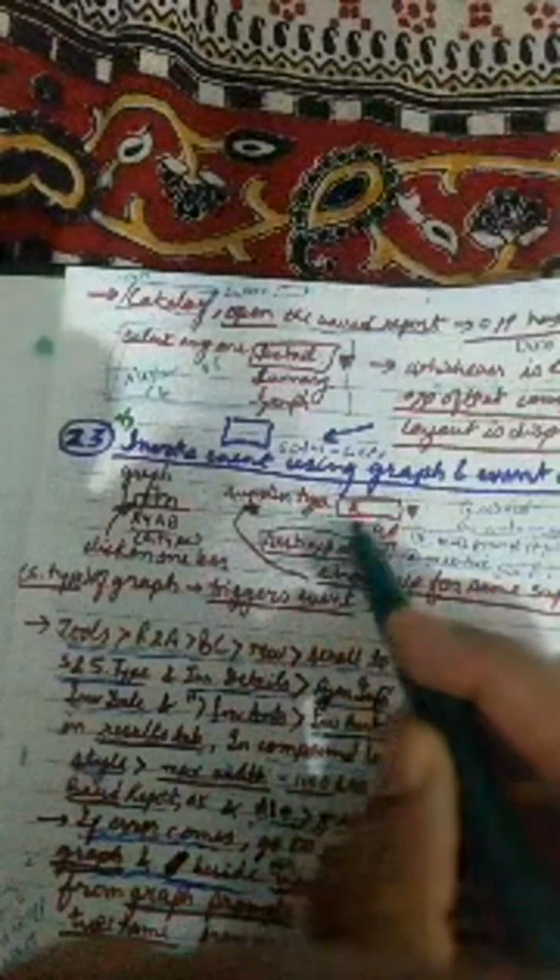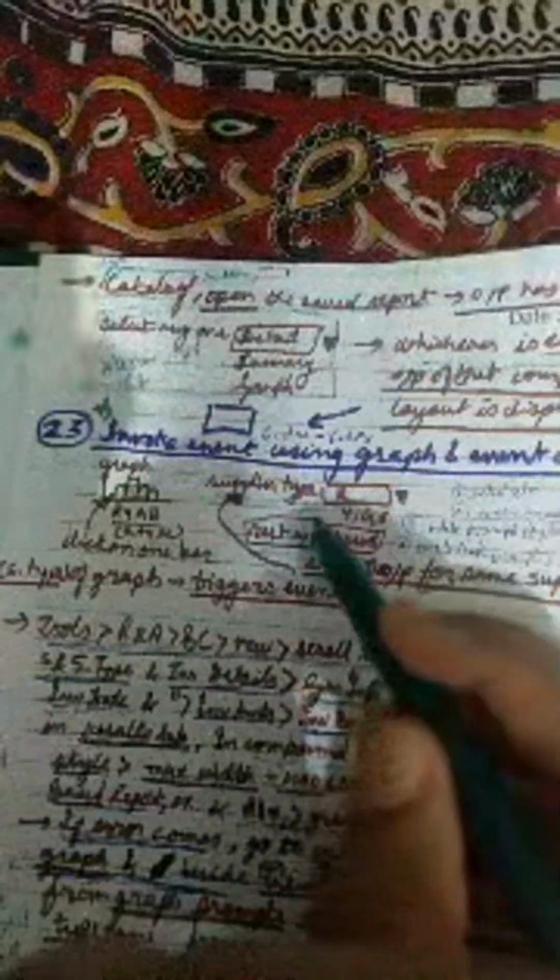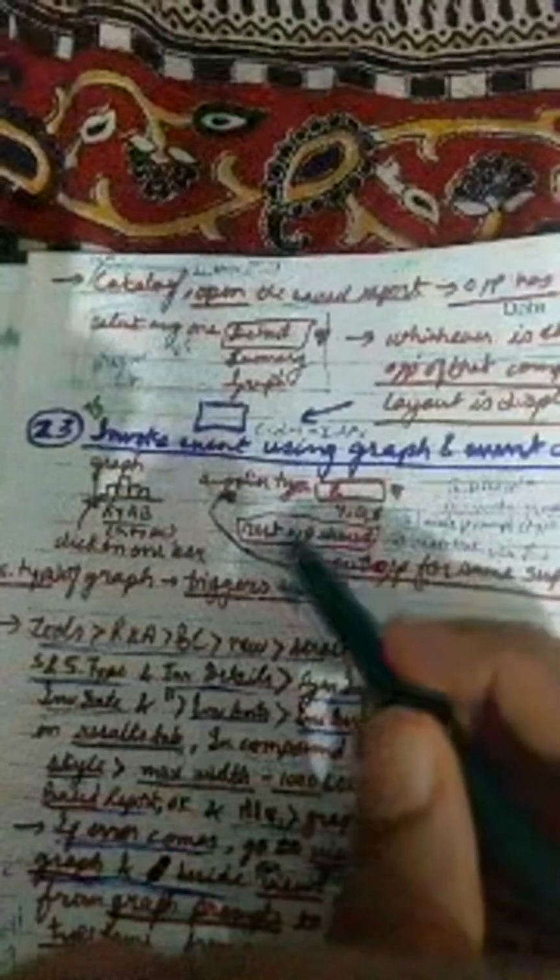By default, this is my table prompt for supplier type. Now this R value is auto selected because I have created an event, and the output is based on this R value. The rest of the table output is based on this R value.